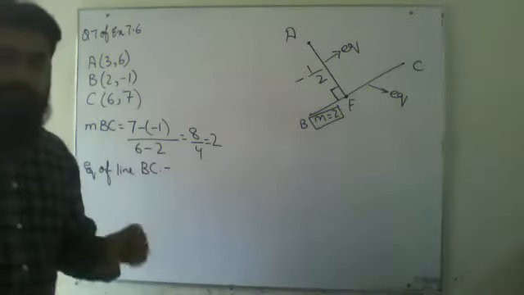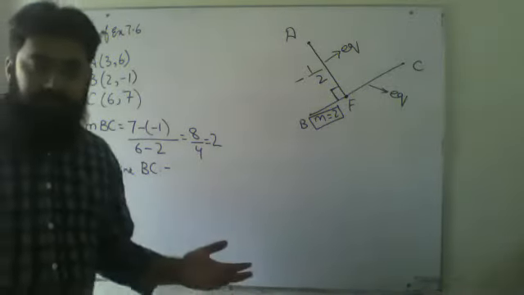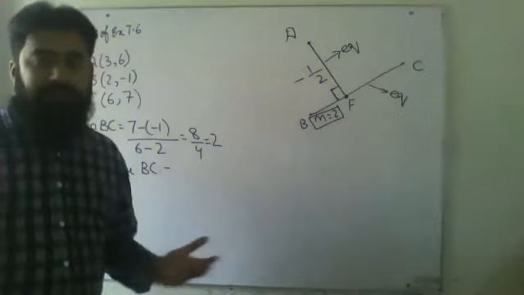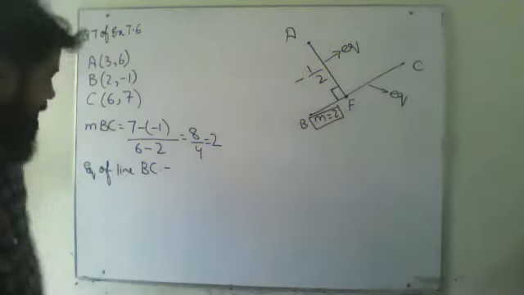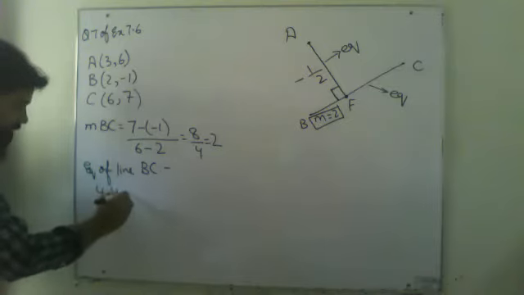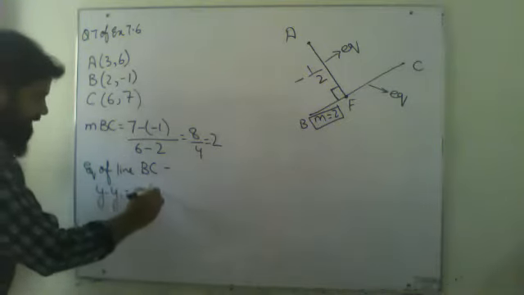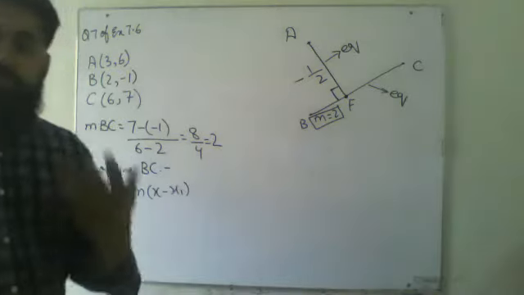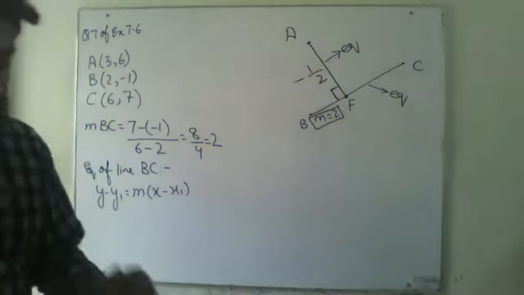Two formulas are there: y equals mx plus c, or y minus y1 equals m times x minus x1. In this scenario, I'm using y minus y1 equals m times x minus x1. But again, it's my choice. You can use y equals mx plus c also, beta.